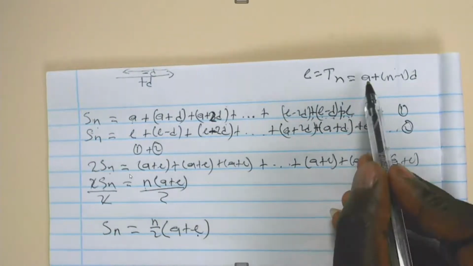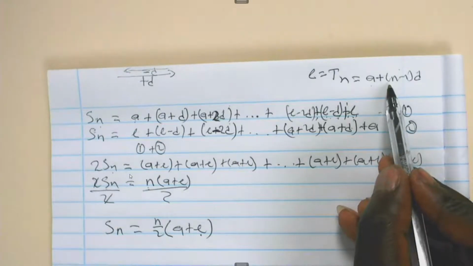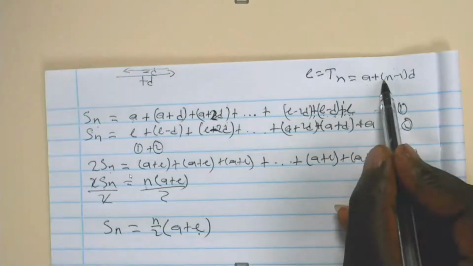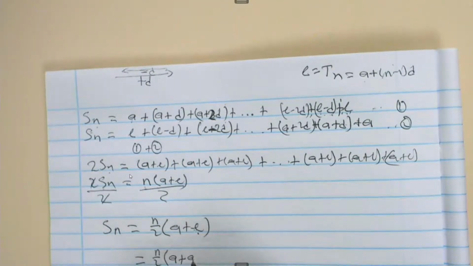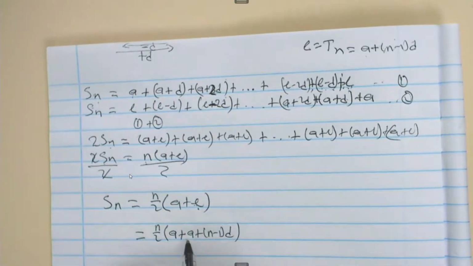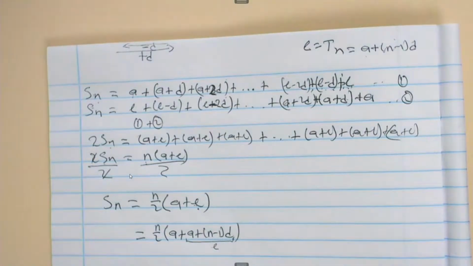L is A plus n minus 1 by D. Now where we see L, we can substitute that. Therefore the equation would be n over 2 into A plus L, where L is A plus n minus 1 by D. That is our L, the last term of an arithmetic sequence.